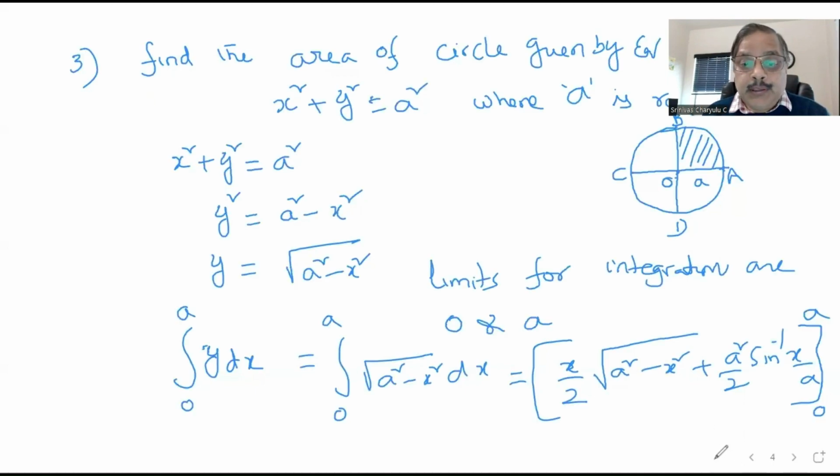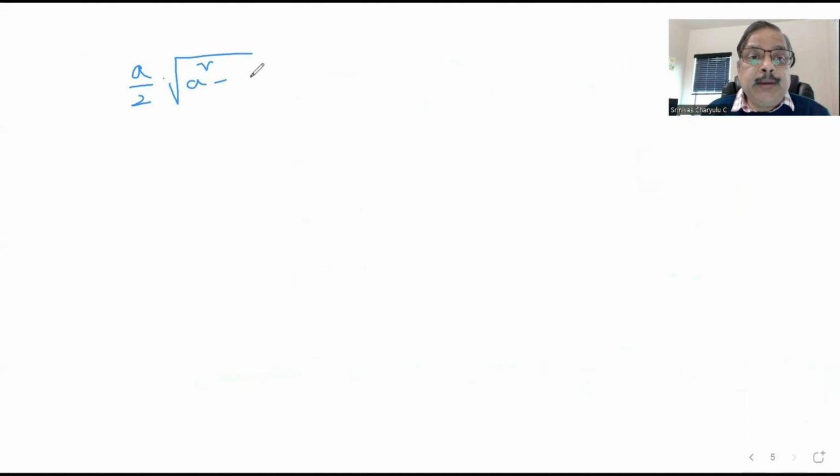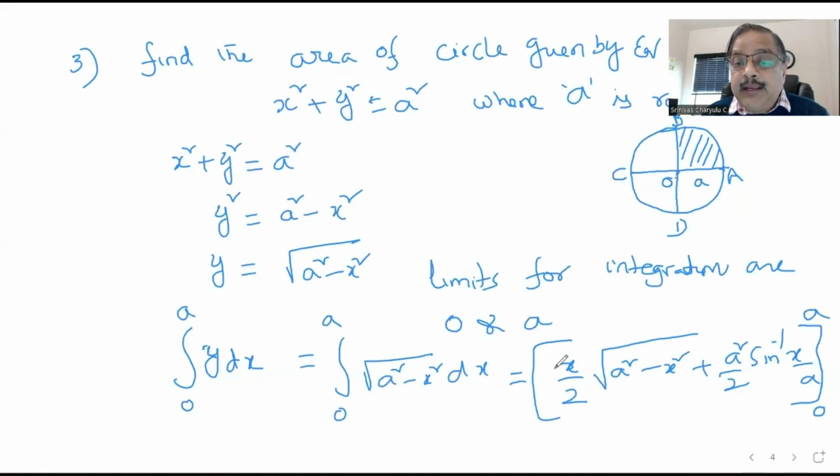What is the upper limit? a by 2 root of a square minus a square, plus a square by 2 sine inverse a by a, because wherever x is there, you should write a now.